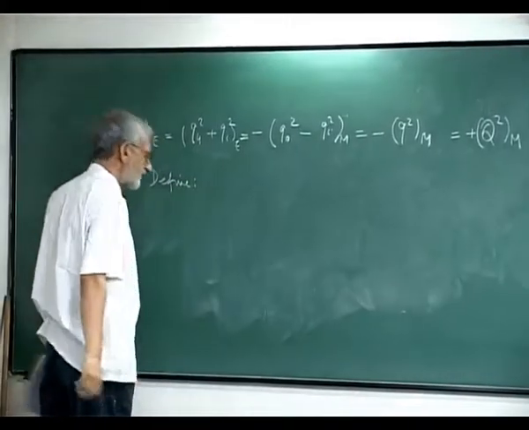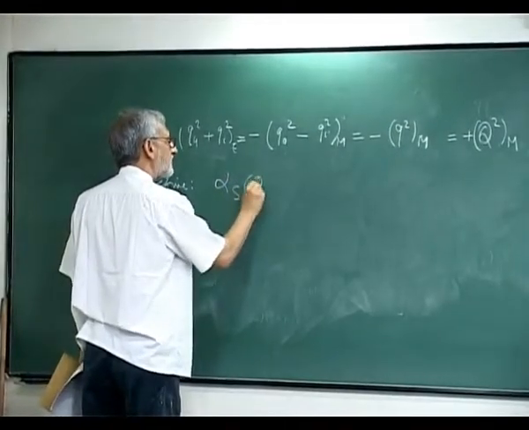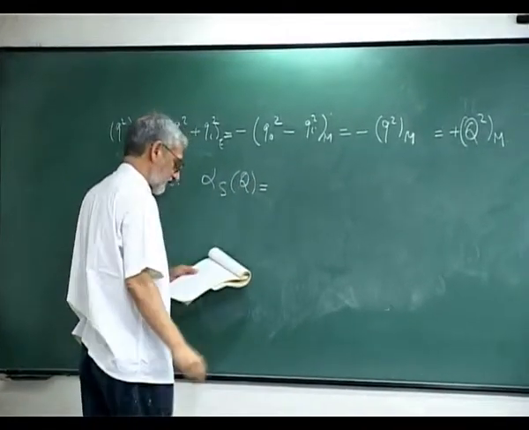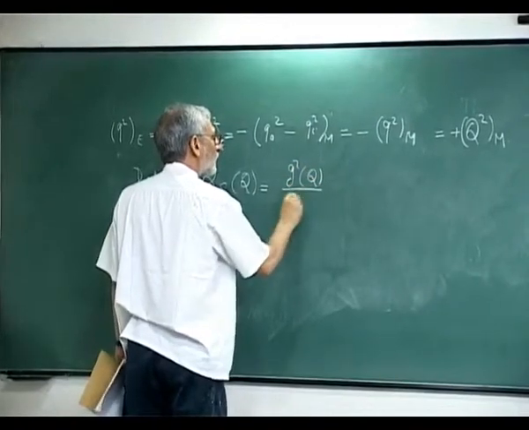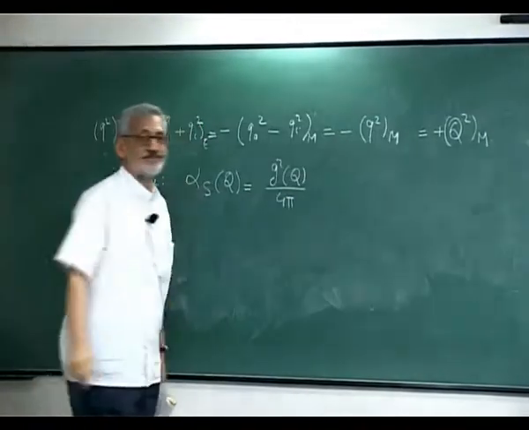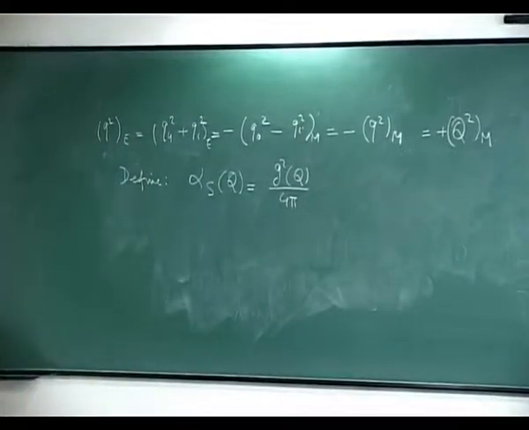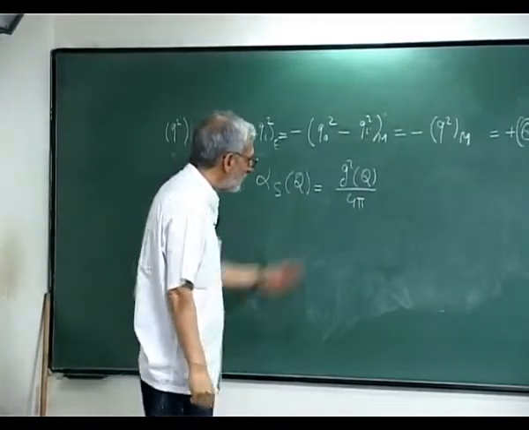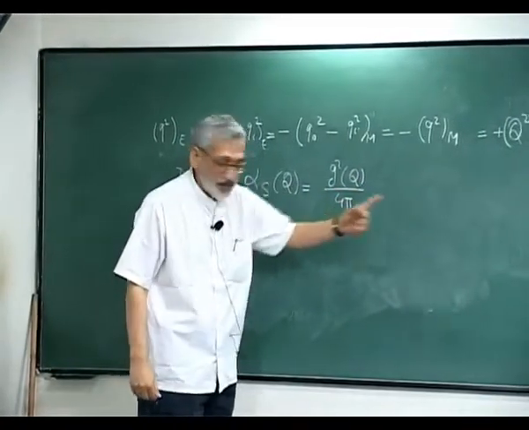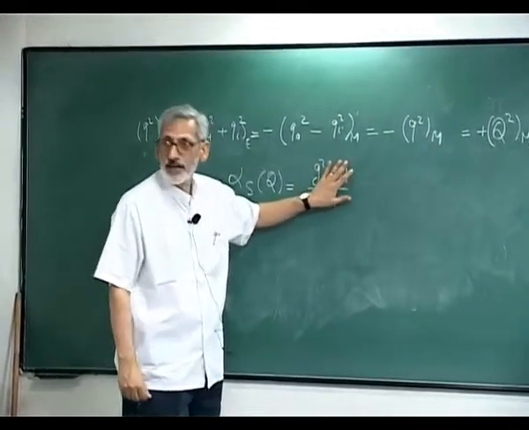Define alpha s to be g square by 4 pi. G square is the coupling constant that we introduced there, divided by 4 pi. You must have noticed that everything comes generally in this combination.